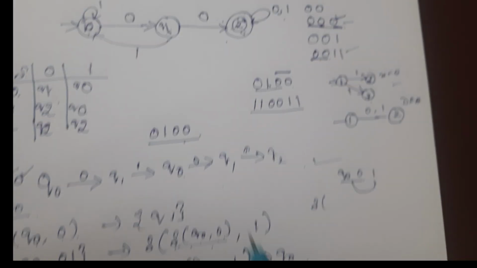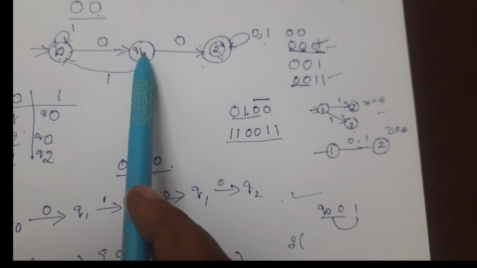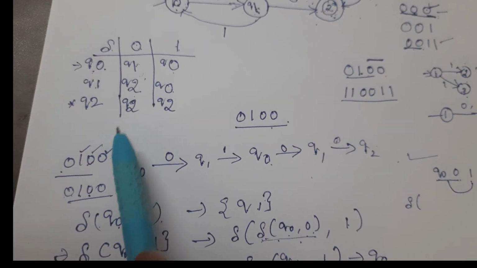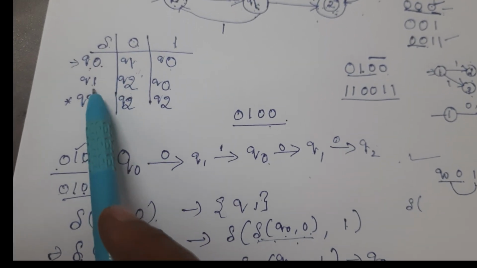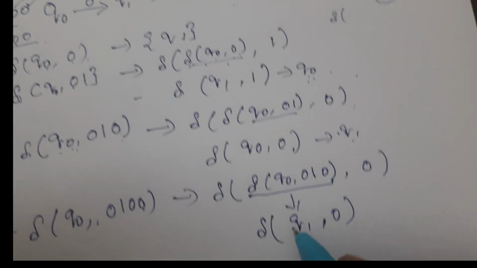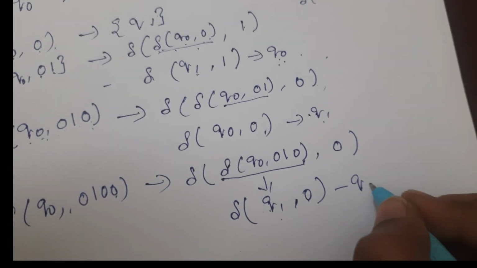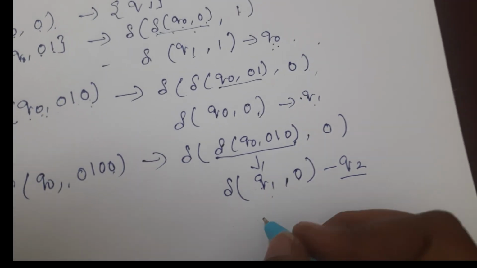What is del of q1 comma 0? From q1, when you give 0, it will move to q2. You can even check here: from q1, if you give 0, it will move to q2, so now your output is q2.